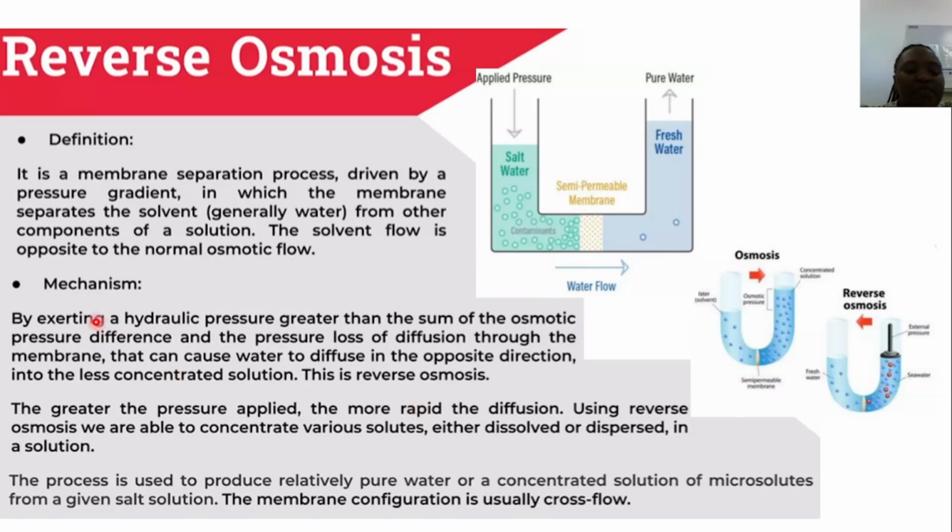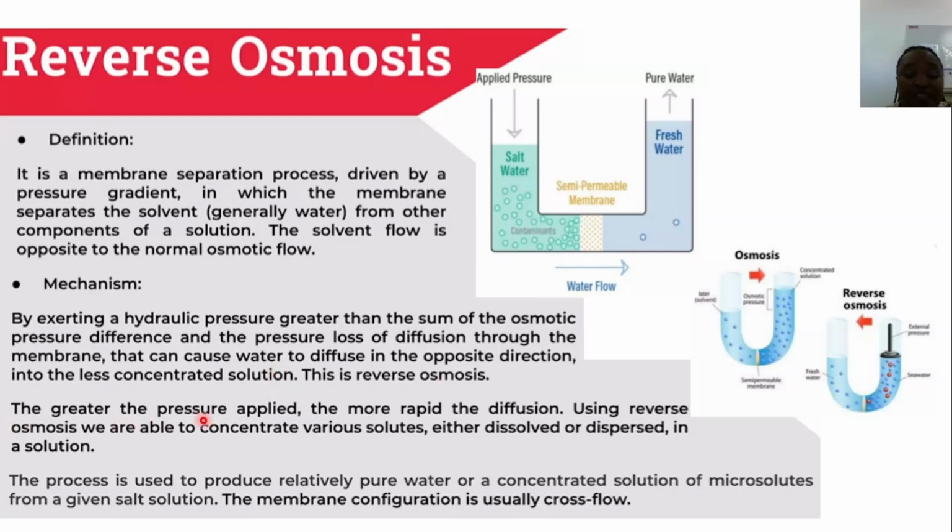The mechanism is exerting a hydraulic pressure greater than the total osmotic pressure difference, because when there's that osmotic difference, the tendency is for the low concentration to move towards the high concentration. So we have to overcome that pressure by applying hydraulic pressure that is greater, and that can cause the water to diffuse through the membrane in the opposite direction into the less concentrated solution. This is what we call reverse osmosis.